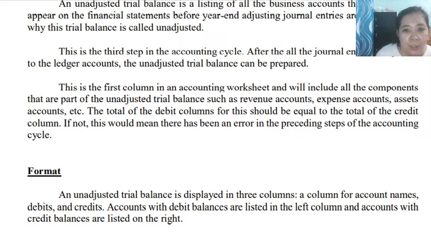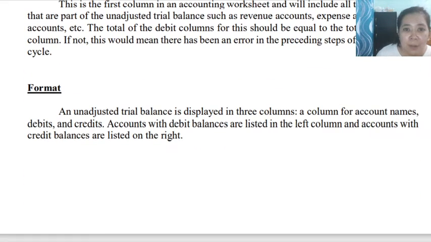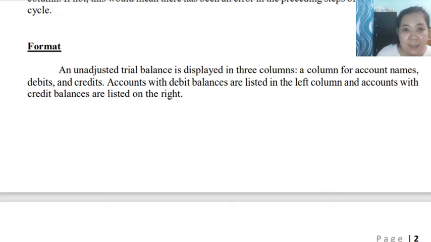For the format of our unadjusted trial balance, this will have three columns. The first column is for the account titles or account names. The second column will be for the debit accounts; this is where the amount of the debit accounts will be entered.